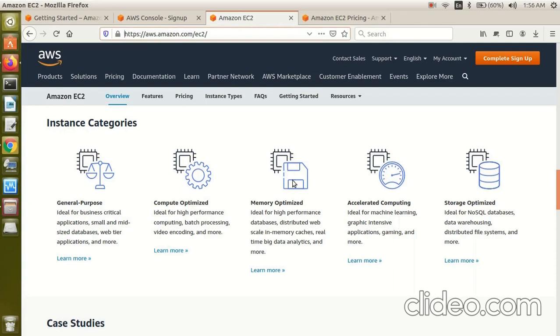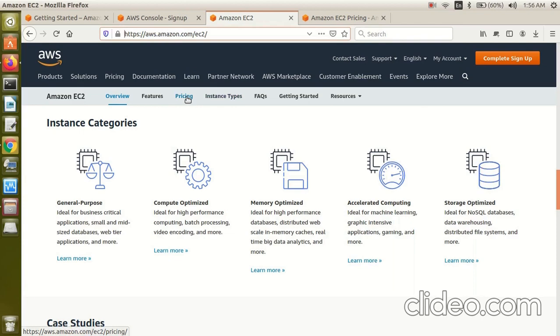Memory optimized instance type will provide you an instance with a powerful RAM. Accelerated computing instance type will provide you with an instance having high performing graphical processing units. Storage optimized instance type will provide you with an instance with an efficient storage mechanism.